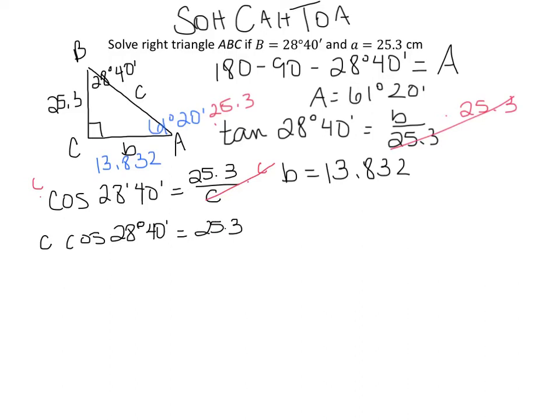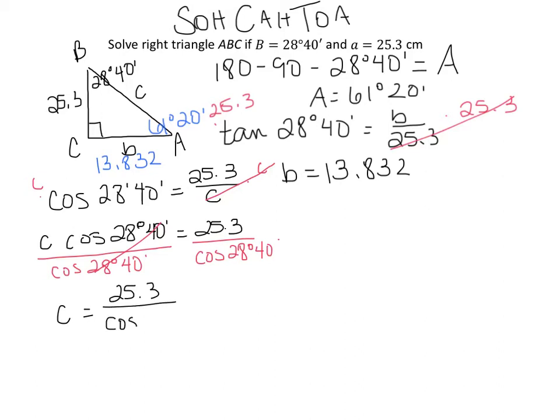Now, because I'm multiplying C times the cosine, I have to divide by the cosine on both sides so that I can isolate C. And now I've got that C is equal to 25.3 over the cosine of 28 degrees 40 minutes.